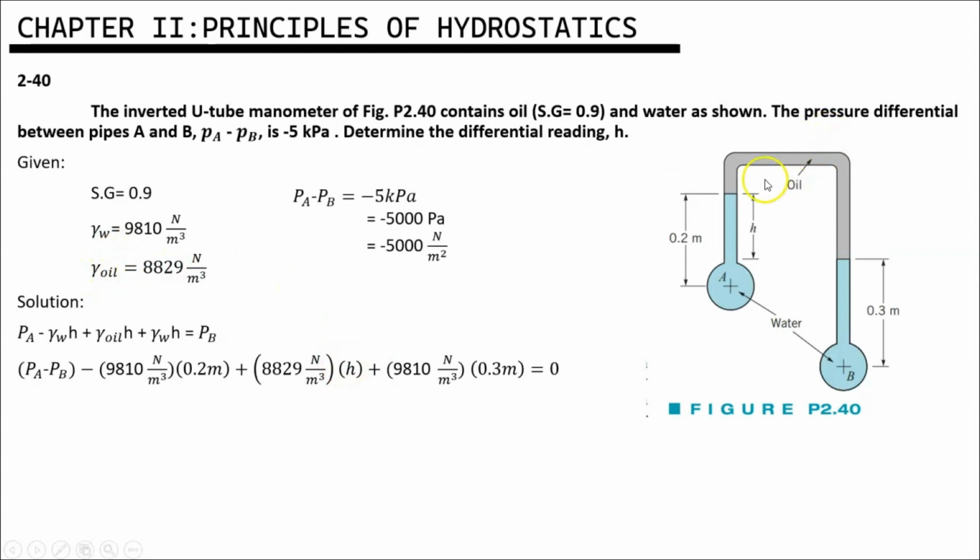Since we don't have any value of H because it is unknown, just leave it, plus 9,810 Newton per cubic meter, the specific weight of water, and 0.3 meters as the height.